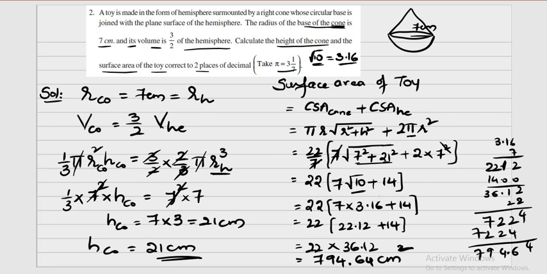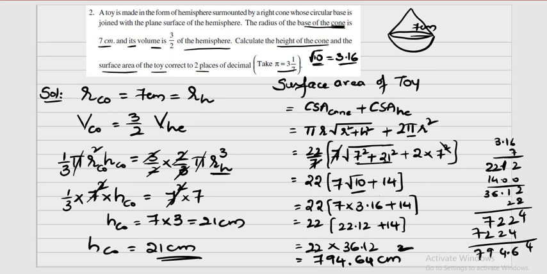Since it is surface area, we get 794.64 centimeter square, right? So here calculation is very important. Simplification and calculations play a major role in the mensuration chapter, right?